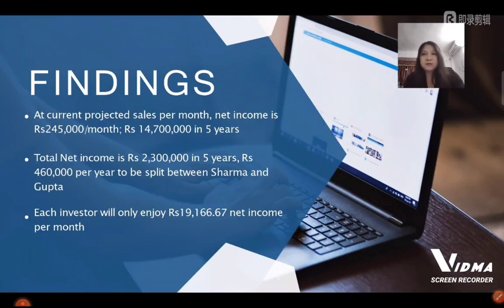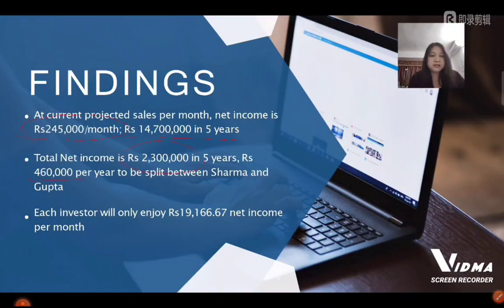The net income is only 245,000 rupees per month, or if you multiply the said income, that would be equivalent to 14.7 million rupees in 5 years. Or, the total net income in 5 years would only be equivalent to 2.3 million rupees, which means the net income is only 460,000 rupees per year.